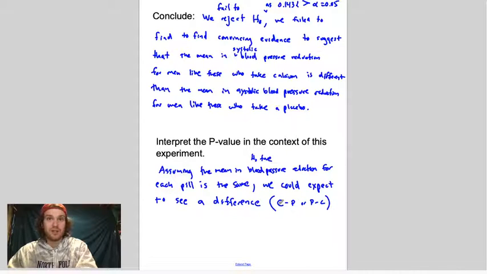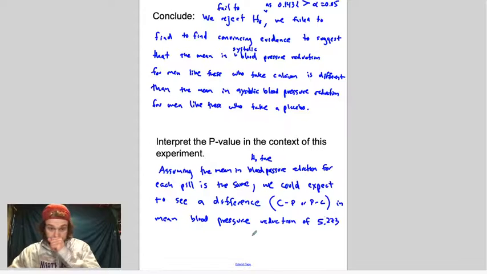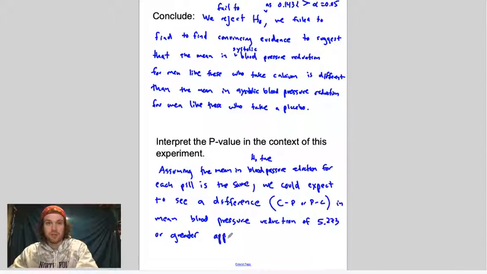Okay, we could expect to see a difference in mean blood pressure reduction of 5.273 or greater approximately 14.32% of the time.